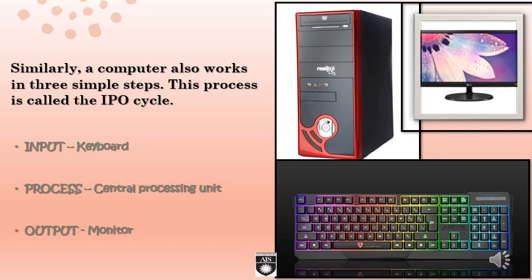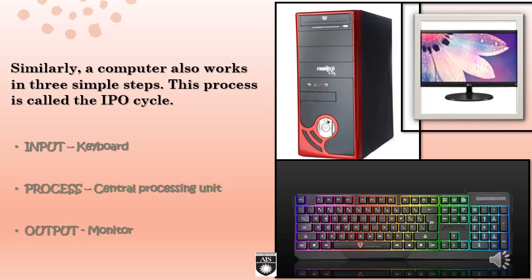Now, after we have understood the IPO cycle with the help of various daily examples, let us see how the IPO cycle is used in the computer. A computer also works in these three simple steps.